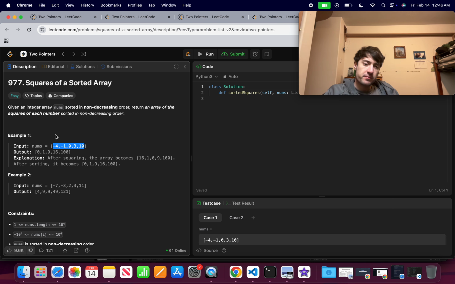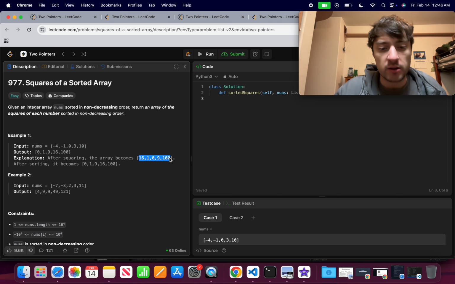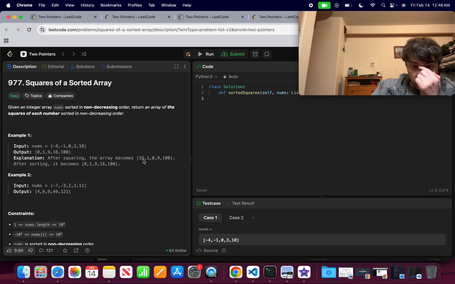So, for a pointer here, let me write this out. Oh, it's actually right there. So I have 16, I have 1, I have 0, I have 9, and I have 100. If I have a pointer here, I check if this number is bigger.